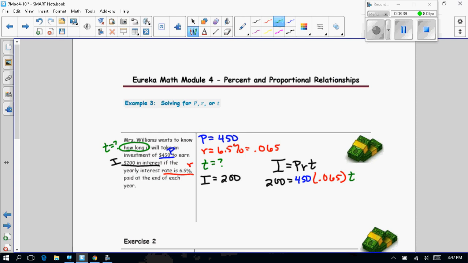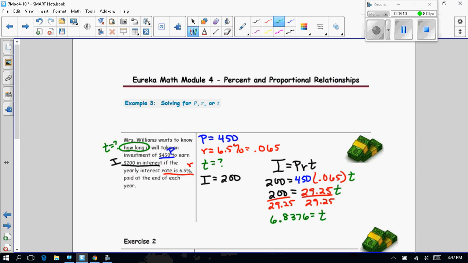Okay, so when I do this, I end up with 200 is equal to, and 450 times that 0.065 is 29.25. So if I divide everything by 29.25, I end up getting 6.8376.